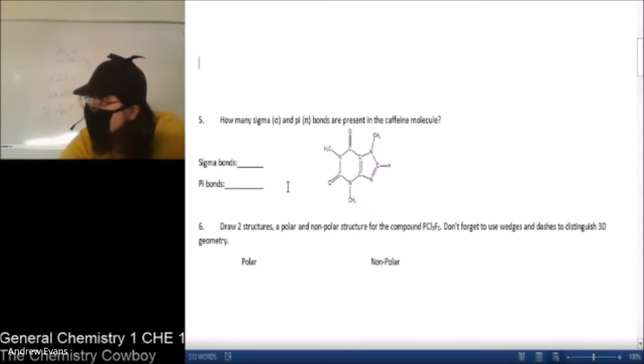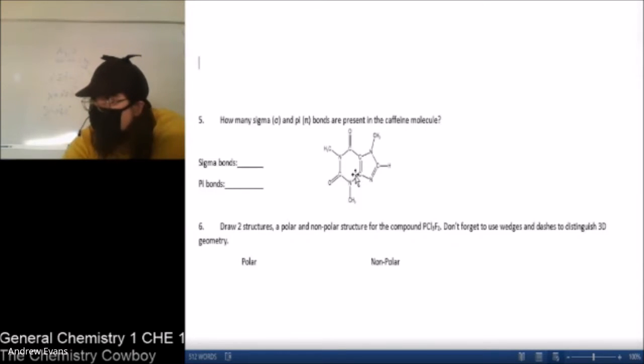Expect an easier model, completely drawn out, for the test. I did my best to make this as simple as possible. If you know it, you get the points. I'm not trying to trip you up, because oftentimes I'd make a big molecule because if you know it, I want to make it semi-challenging.